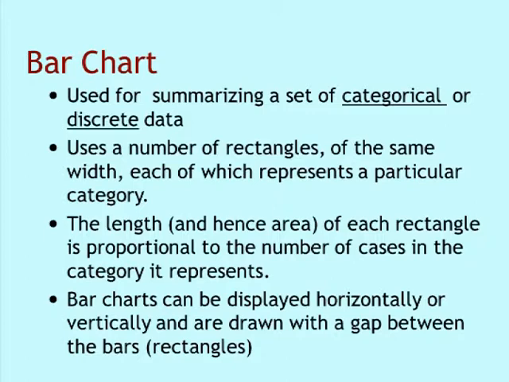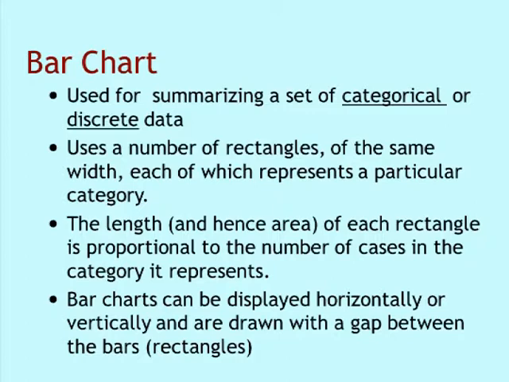Now in a bar chart we have various bars which we also call rectangles because they will have the length greater than the width, and each rectangle is of the same width in a particular graphical display, and each bar is going to represent a particular category of the variable.